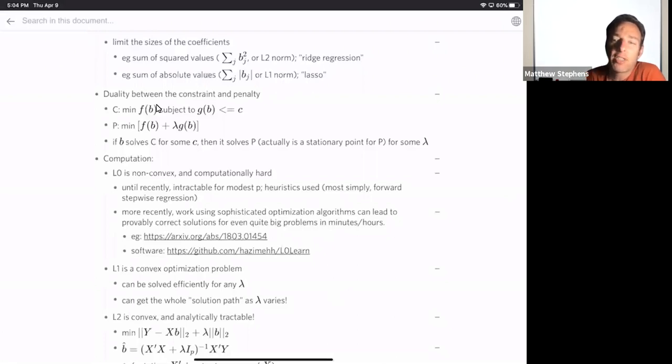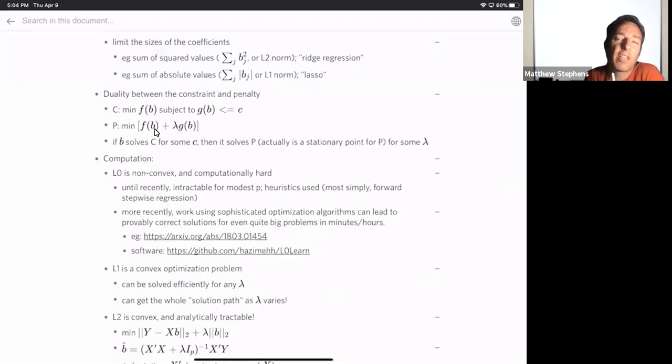And as you gradually reduce lambda, more and more B's will become non-zero. It's not obvious, and we'll talk about this again a bit later, but it turns out that indeed the B's do enter one at a time like that.